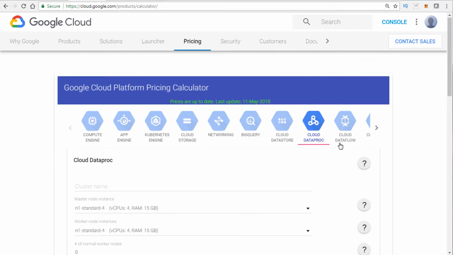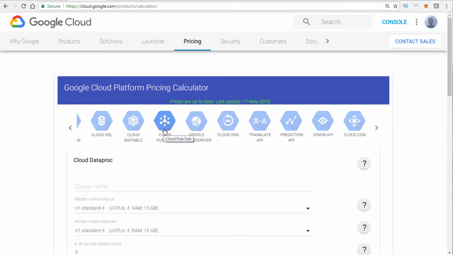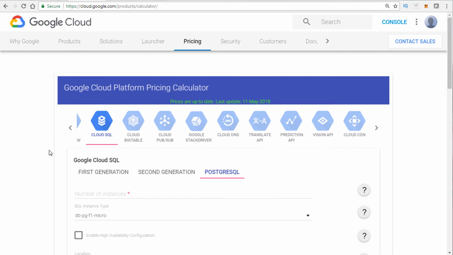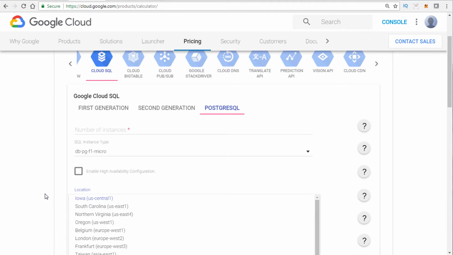Let me go over here to Cloud SQL. Now, with Cloud SQL, there are different ways you're going to pay for this. Be aware that this is more location based.